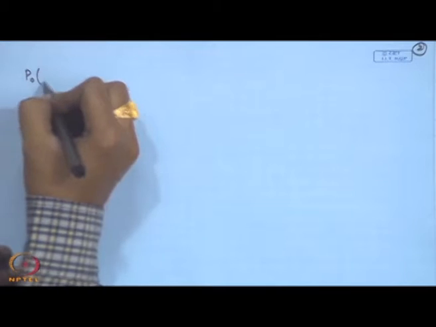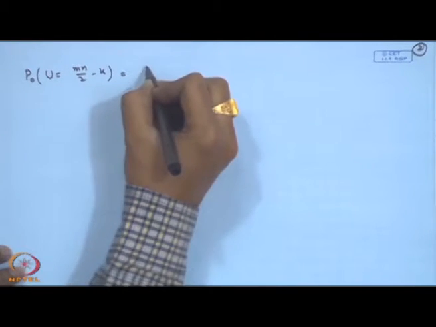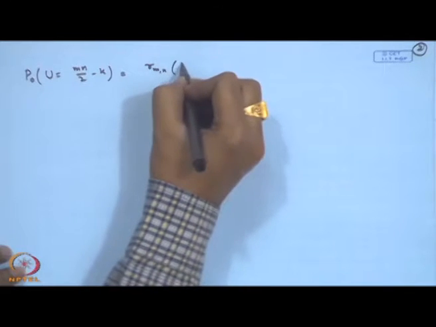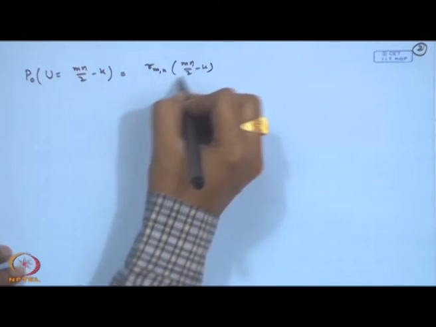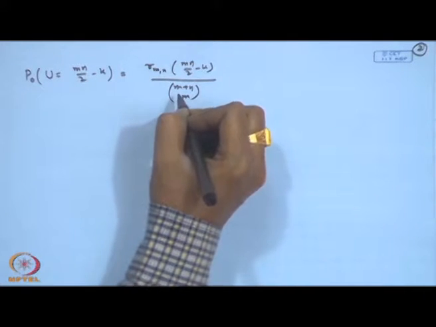So, P naught (U is equal to m n by 2 minus u) is equal to R m n (m n by 2 minus u) divided by m plus n choose m.